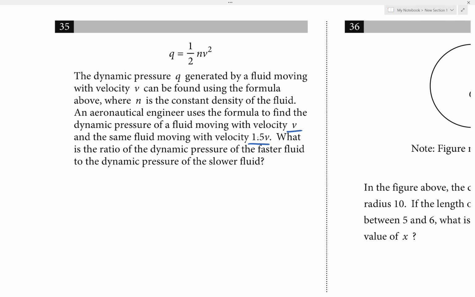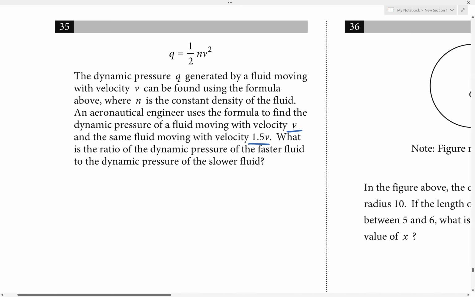What we could do is plug into the equation and solve just using the variable v. Or we can also pick some test number for v, and some number for n, solve it out, and compare the Q values. So either way should work.